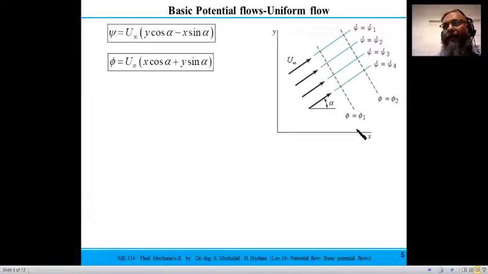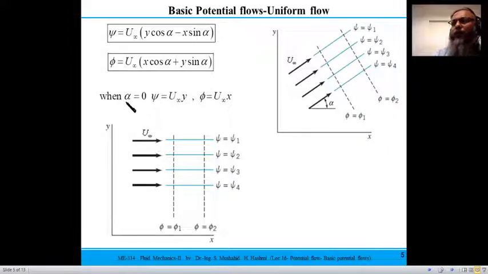We could have a simplified version of this, because here the magnitude of the velocity is constant and the streamlines are parallel to each other, moving in one direction. Let's say we are moving in the x direction, then alpha would be 0.